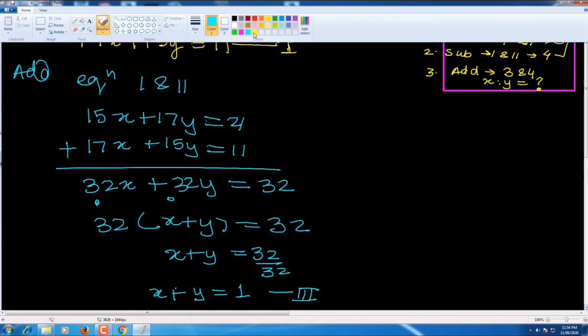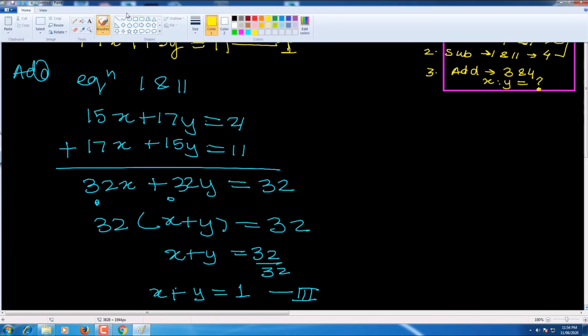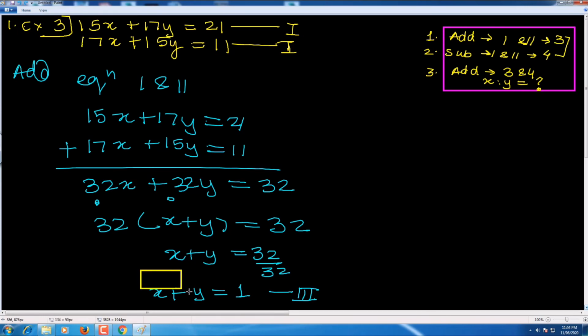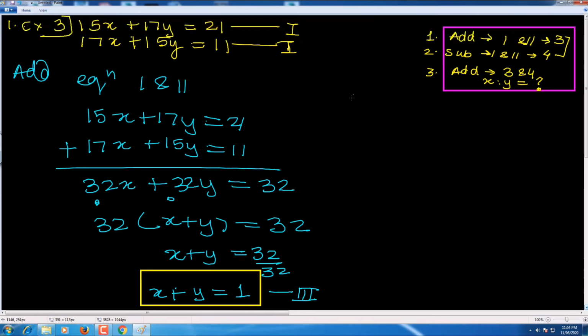Now this is a simple equation 3. Okay, now let us move on to subtracting the equations. We have got equation 3, which is x + y = 1. Now by subtracting we will get equation 4, and then we will add.